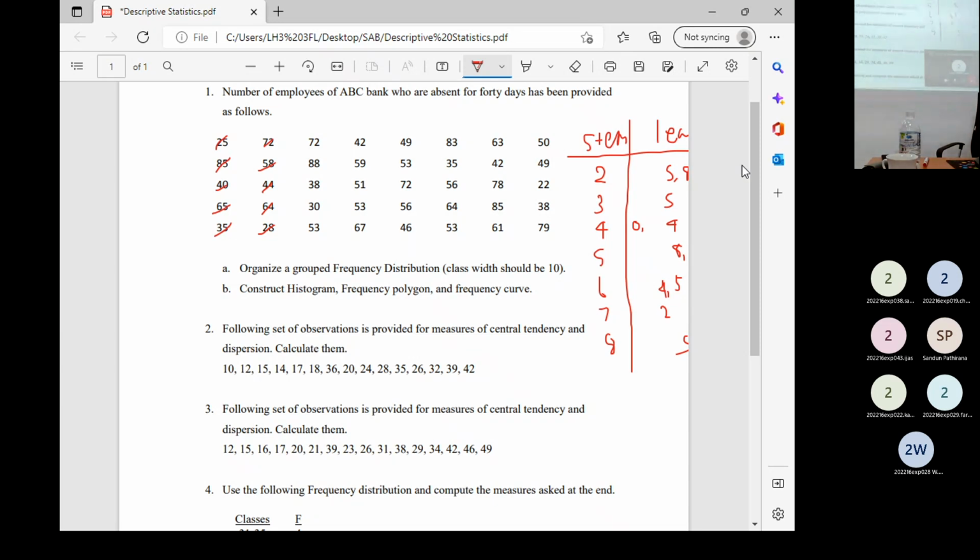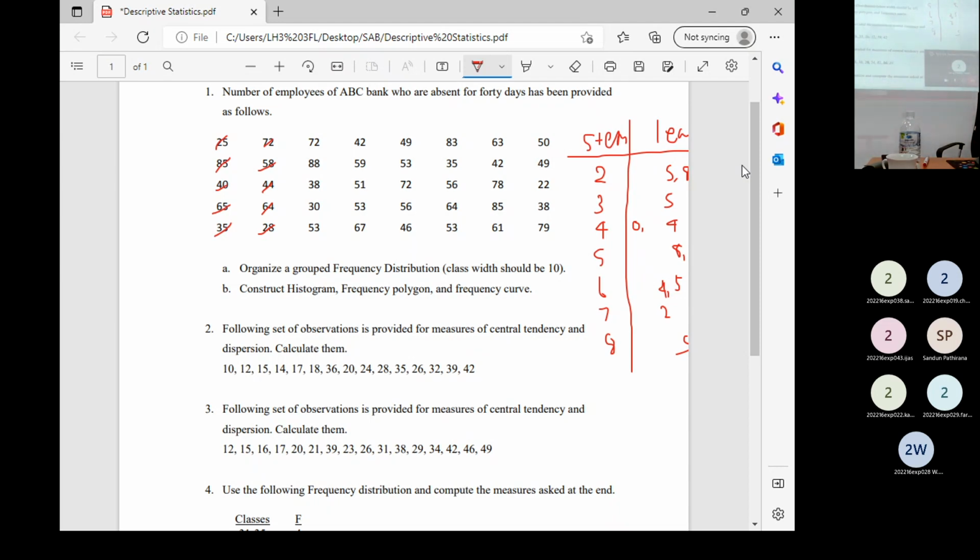Here and there we have to put the numbers: 85, 61, then 50, 49, 22, 38, 79.